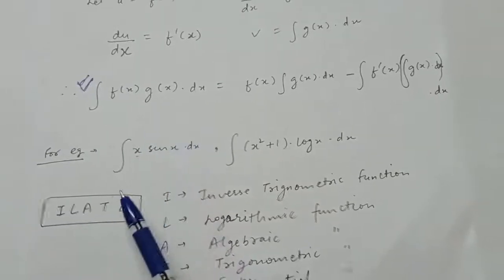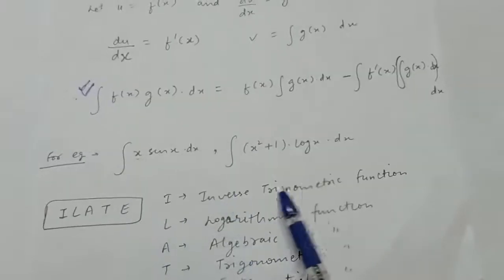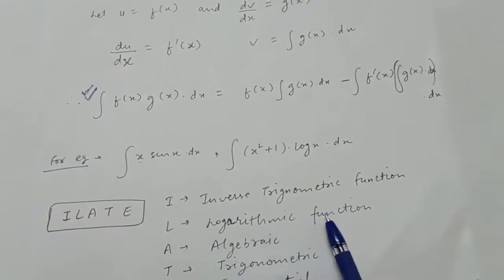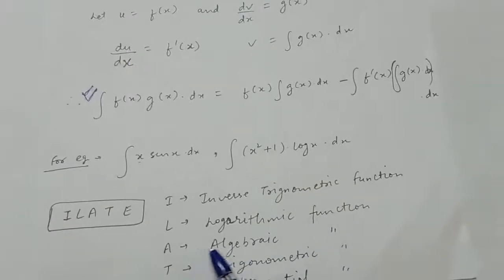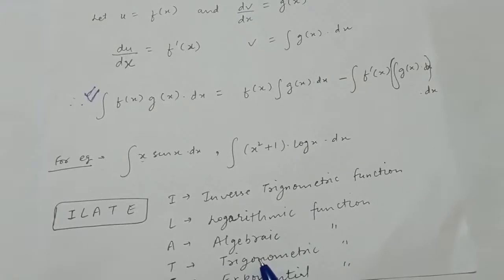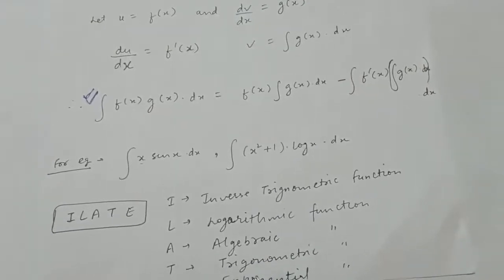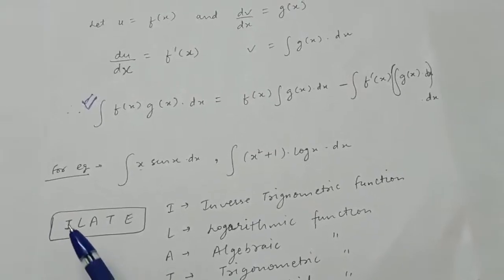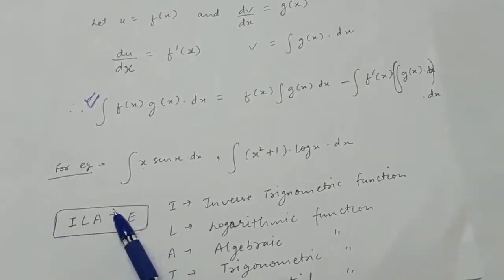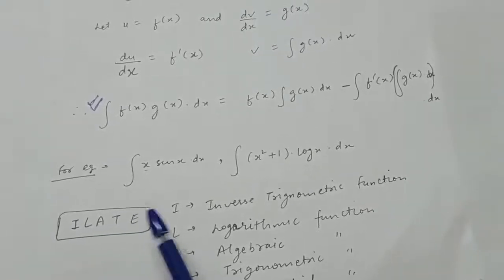For this we have a rule called ILATE, where I stands for inverse trigonometric functions, L stands for logarithmic functions, A stands for algebraic functions, T stands for trigonometric functions and E stands for exponential functions. So see which letter comes first in this ILATE; that function should be taken as the first function.